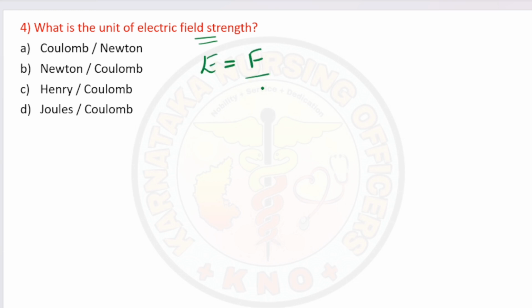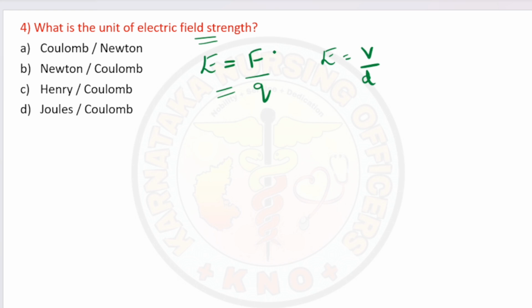F by Q. In other words, this also can be written as V by D. So this is potential difference and this is distance. So E is equal to F by Q. This is one formula, and also E is equal to V by D. This is another formula for electric field strength. So if you know this formula, you can determine the unit of this electric field strength.